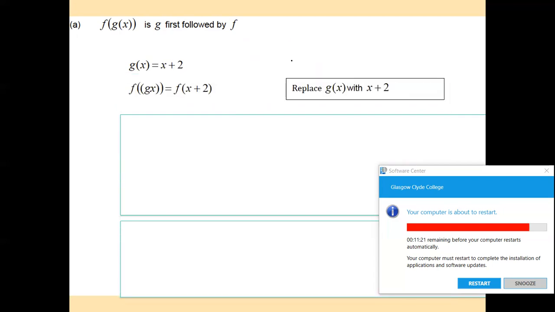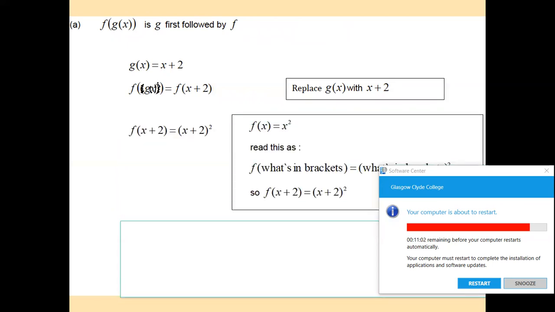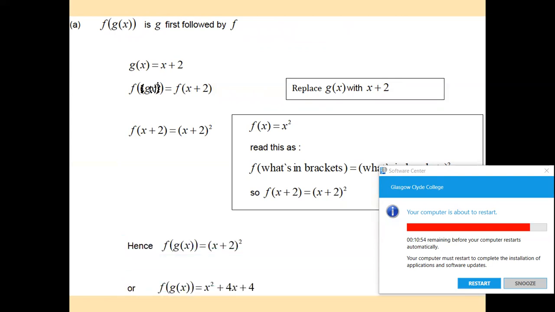So you replace the x, those brackets should have been there, f of x plus 2. And f of x plus 2 is just x plus 2 squared. So you can leave it as x plus 2 squared. And this is what you were asked to find. Or if you want to expand it, you can write it as x squared plus 4x plus 4. But you can leave it as x plus 2 squared.